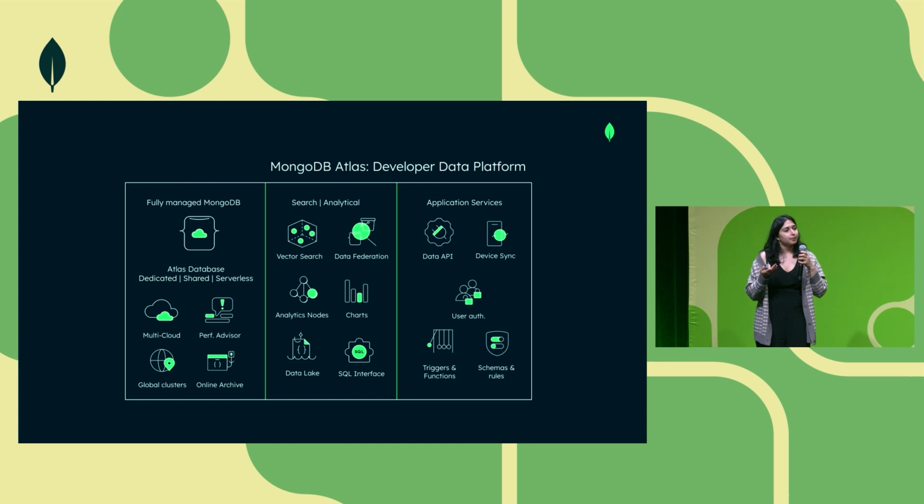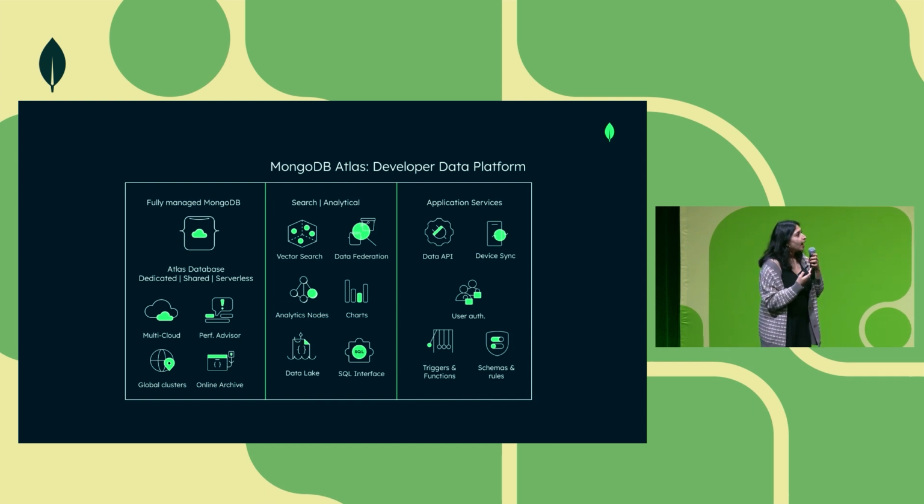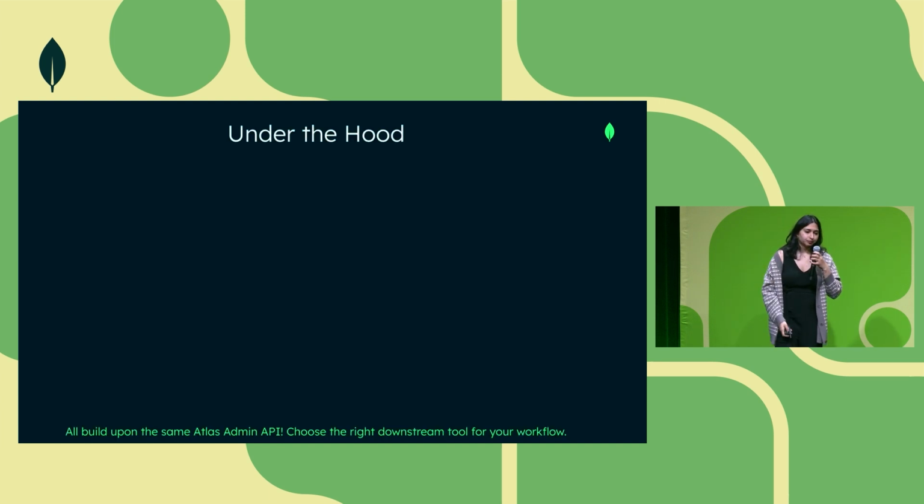And that's because MongoDB Atlas is a step beyond a traditional database, right? It enables developers and organizations to drive innovation by providing them a unified interface that helps them address a multitude of different data use cases, such as analytics or search, app services, AI, or serverless, essentially enabling them to create and build applications at scale.